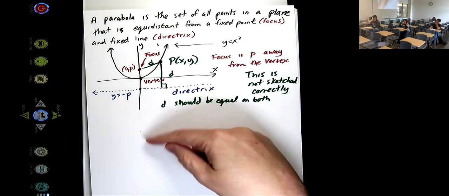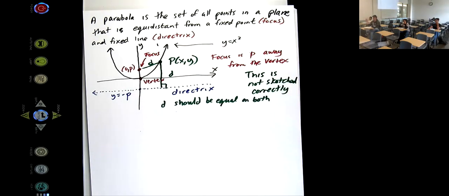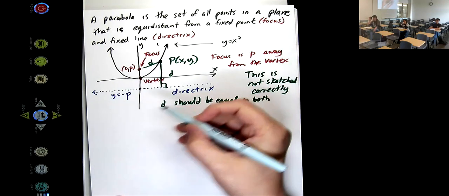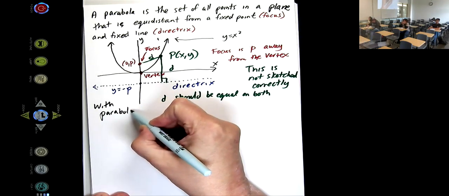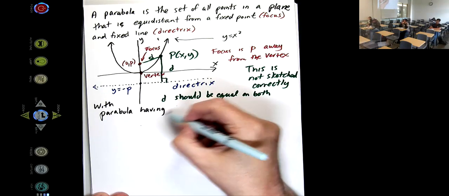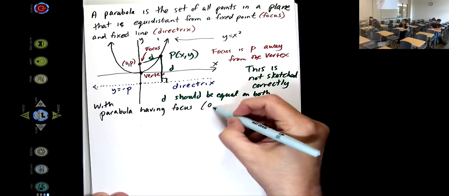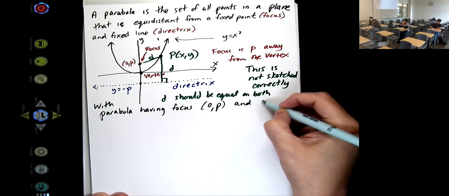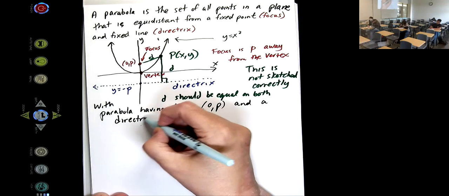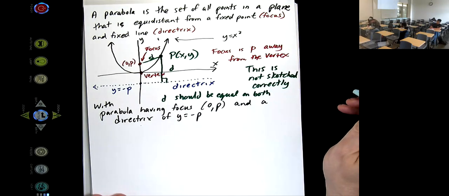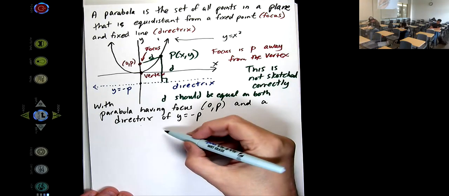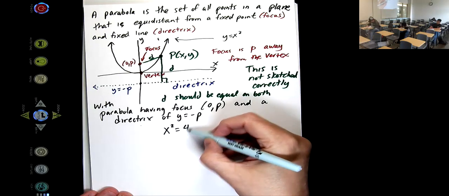If it opens down, the directrix is on the top half and the focus is on the bottom, so it'd be negative p in that case. But if we have a parabola with focus (0, p) and a directrix y equals negative p, like we do in this picture, it will be in the form x squared equals 4py.